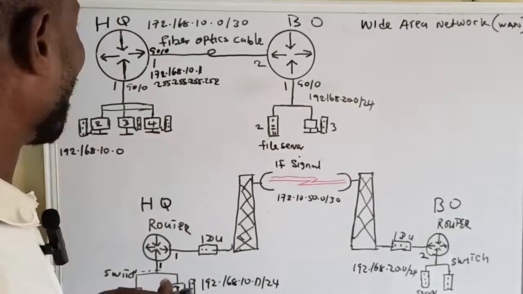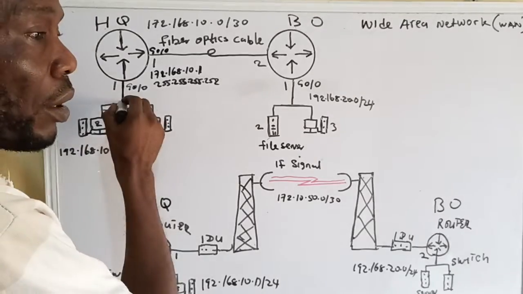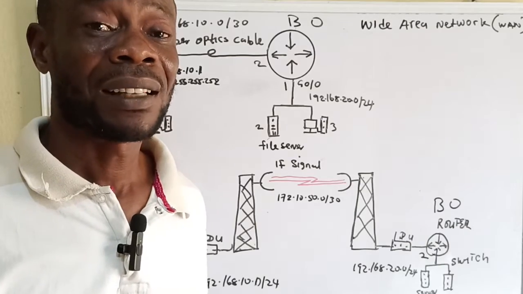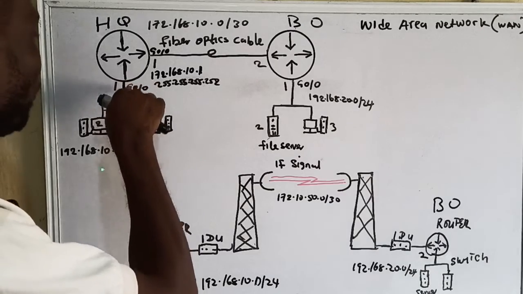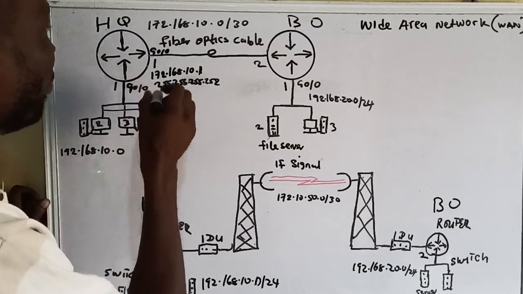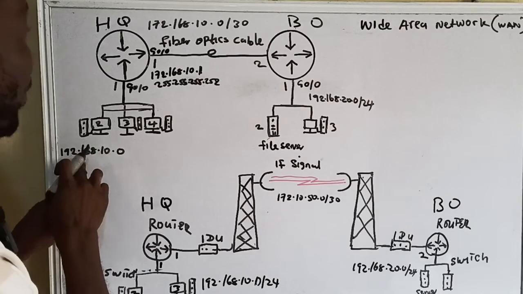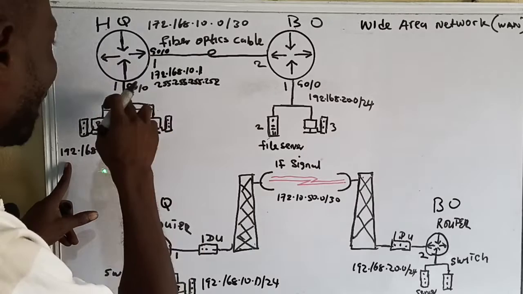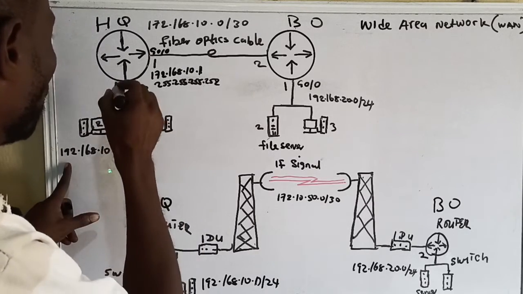Now I come down here. This is the LAN link, the local area network link. Probably I used a cable like CAT category 6 to link from this LAN to my switch, and configure this gigabit interface using a different IP address: interface Gig0/0, IP address, and I assign this to be number 1.